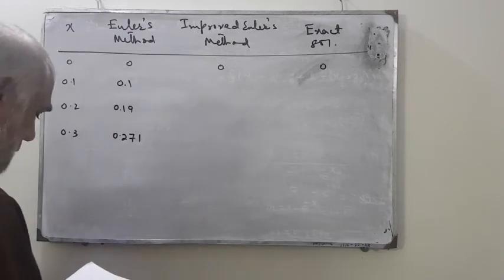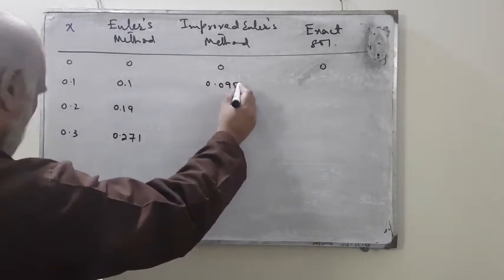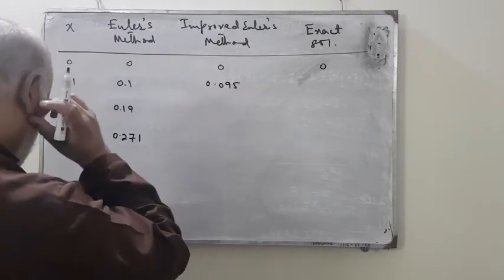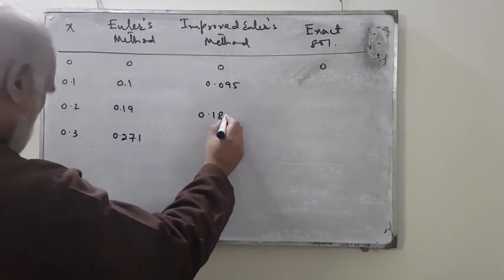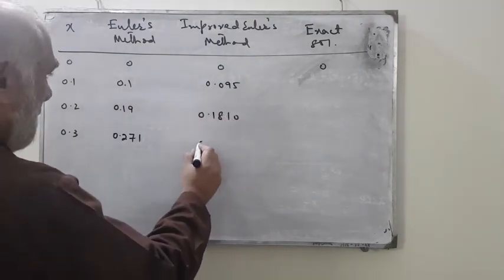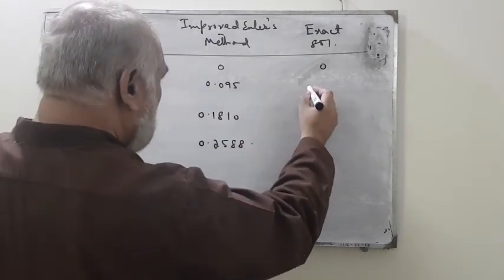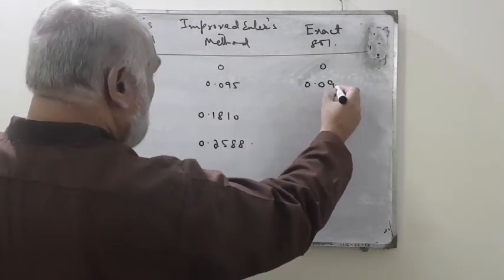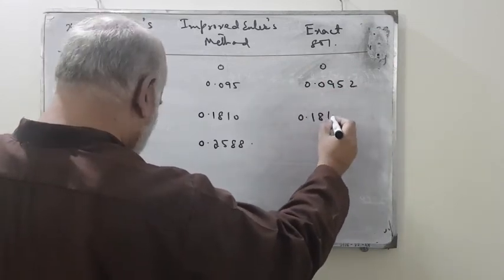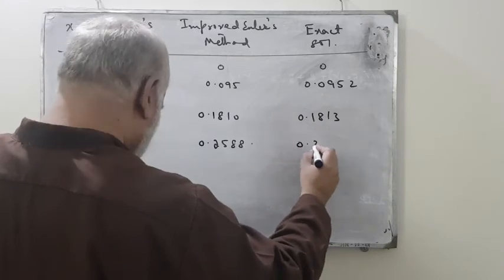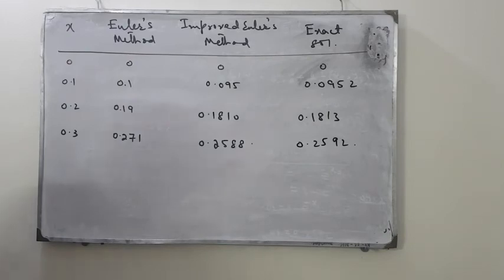For the improved Euler's case, we have 0.095 and 0.1810 and 0.2588. And the exact solutions are 0.0952, 0.1813, 0.2592. So now you can make the comparison of these results.